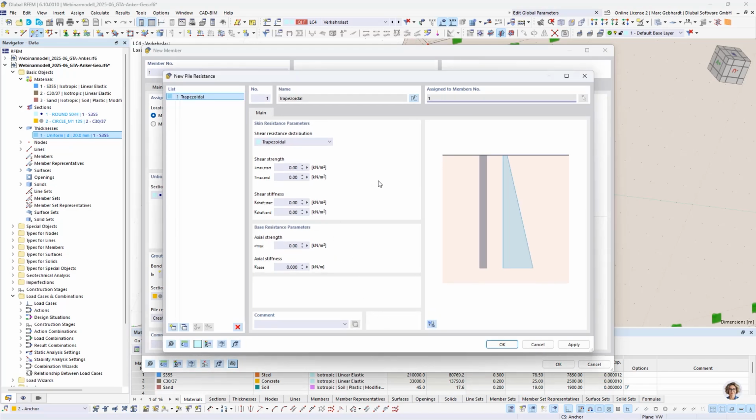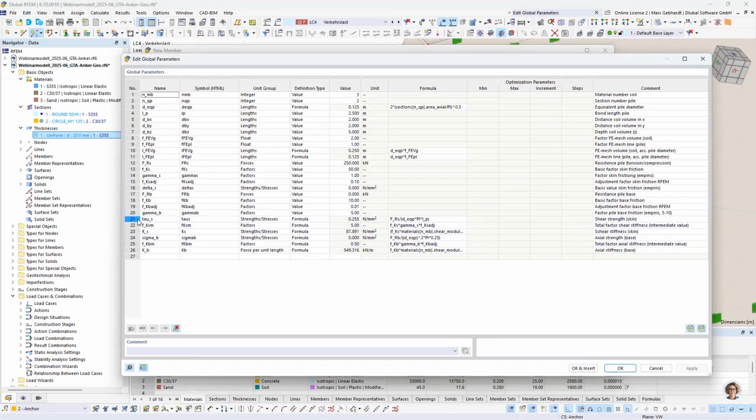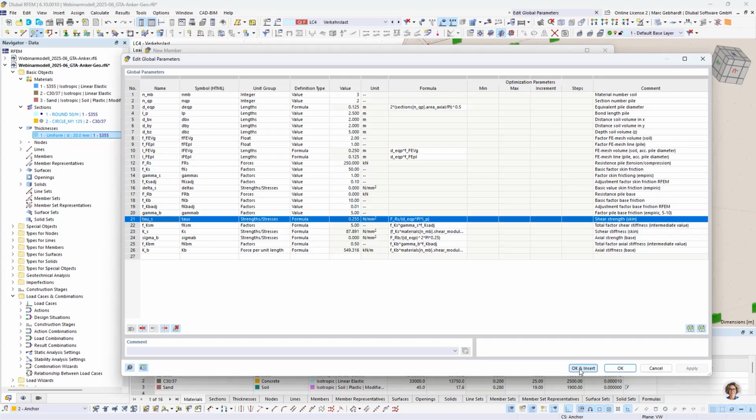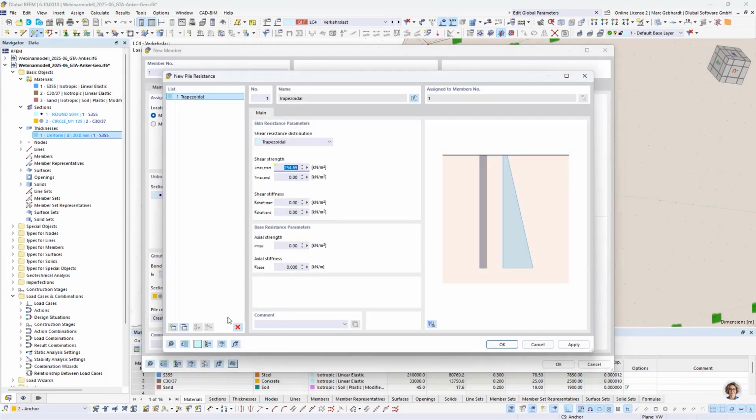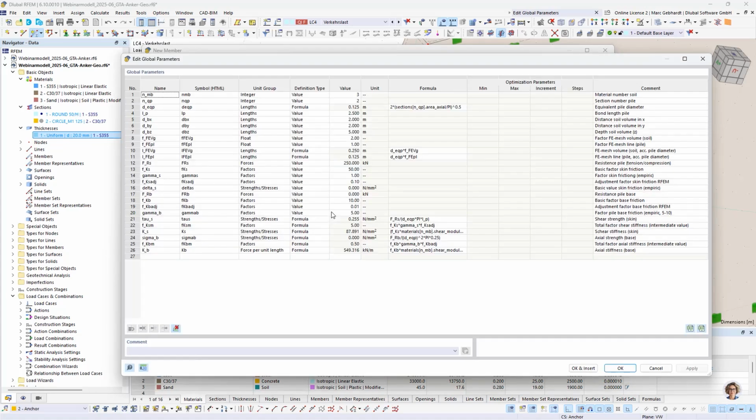Also, we do a new pile resistance and also use our global parameters. It's tau for shear strength of the skin. When we show the formulas, we can easily copy and paste here. And the shear stiffness will be Ks.